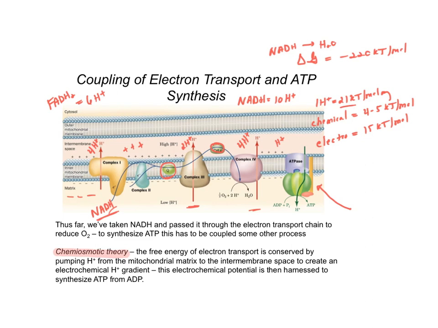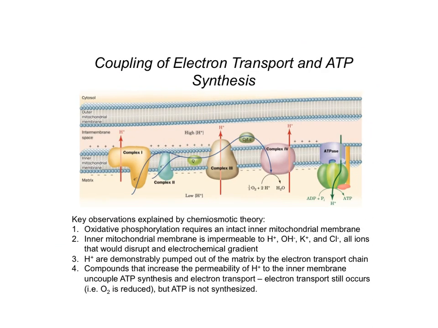Okay, so what are a couple of the things that have led us to believe that this chemiosmotic theory is correct? Okay, so there are a couple of key observations in this. Number one, big key observation is that the inner mitochondrial membrane is completely impermeable on its own to charged molecules like protons, as well as potassium and other types of charged molecules, right? So that's a big one.